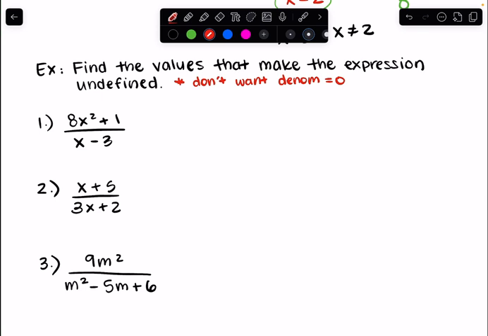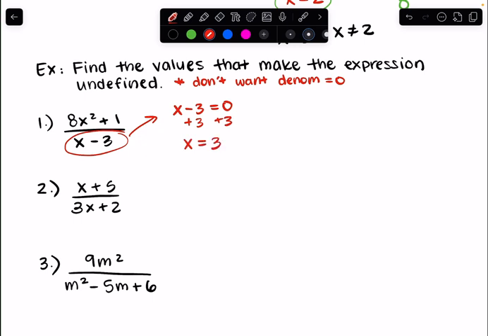You don't really have to worry about the numerator. We're just checking for the denominator. So all you have to do is take your denominator, x minus 3, and set that equal to 0. And then you just solve for x. I'm going to add 3 to both sides, so x equals 3.